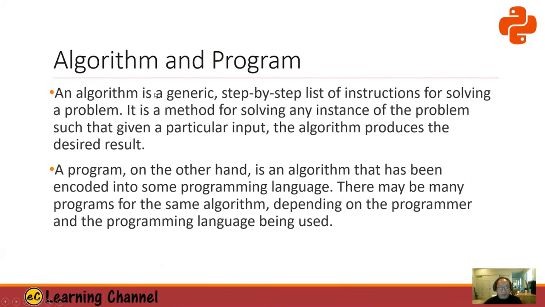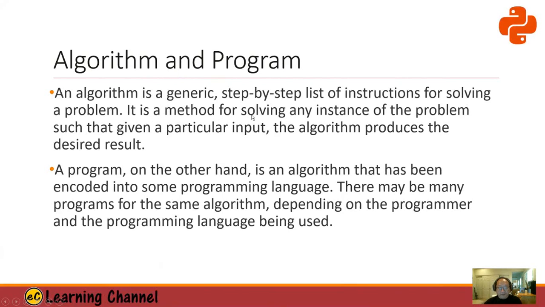So algorithm versus program. An algorithm is a generic step-by-step list of instructions for solving a problem. So it actually doesn't target some specific problem. It is a generic method that can be used for different applications.